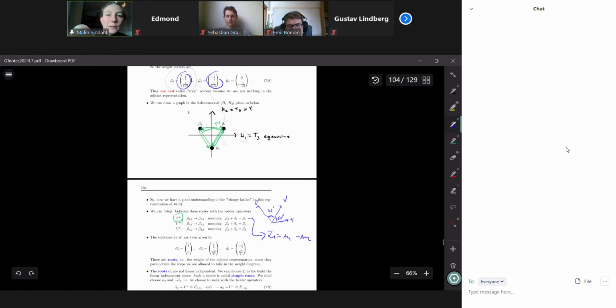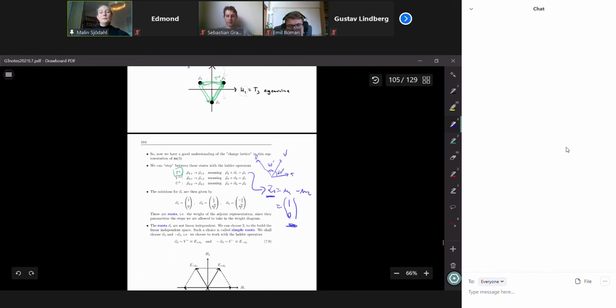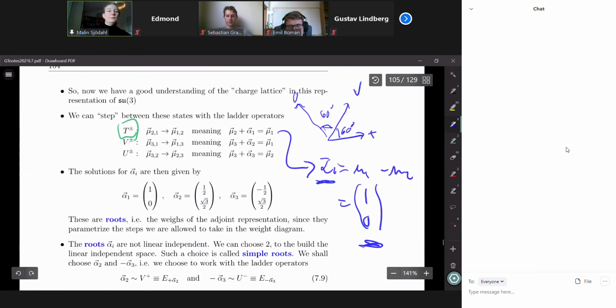So first we have 1/2 minus minus 1/2, so it's 1, and then we have 1/2 root 3 minus 1/2 root 3, so this is 0. So we have that our alpha 1 is this guy. So this is then our root vector. So we found this root vector.